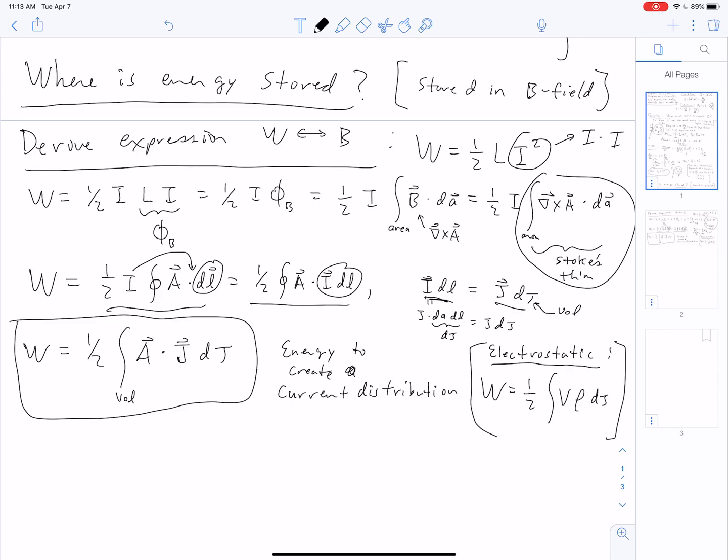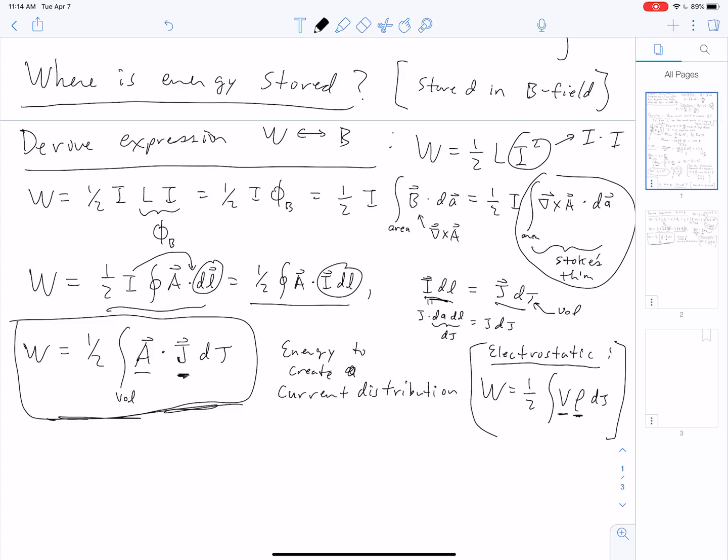And so I just want you to see how we have the same formula here, but now, instead of the scalar potential, we have a vector potential A, and instead of the charge density, we have a current density. I want you to see how it's the same type of expression.